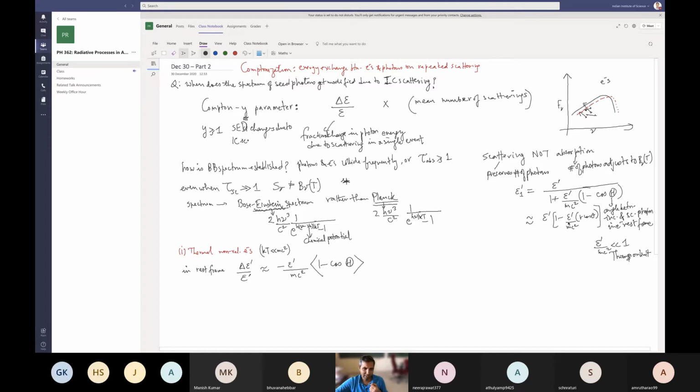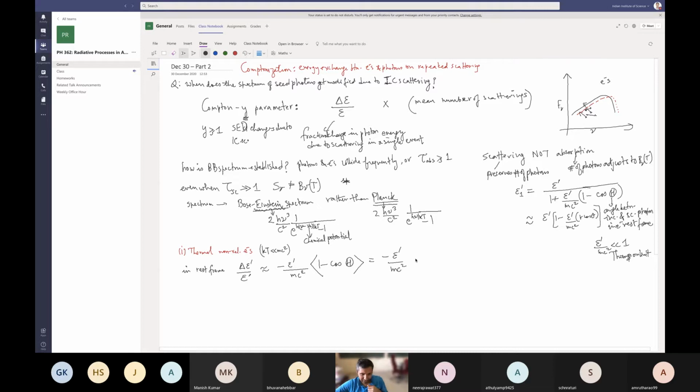So delta epsilon prime, which is epsilon 1 prime minus epsilon prime divided by epsilon prime, is just minus epsilon prime by mc squared times 1 minus cos theta, and we assume an isotropic distribution of electrons, so this gives you minus epsilon prime by mc squared.